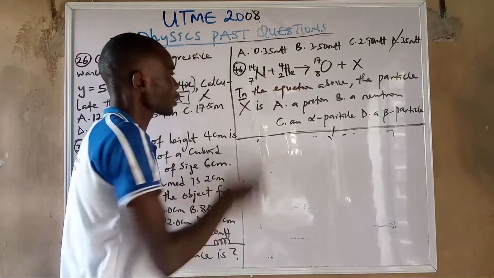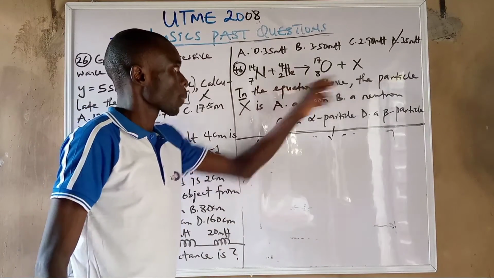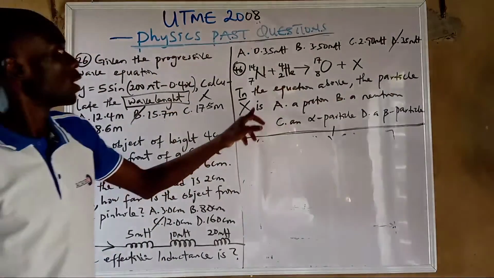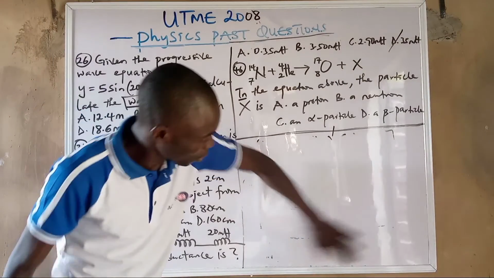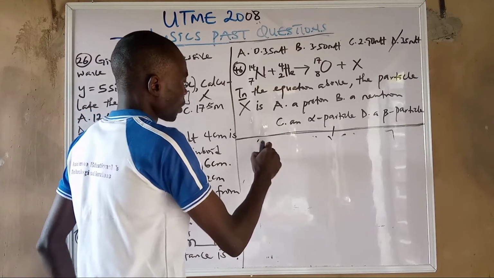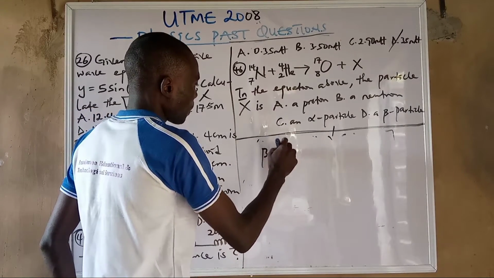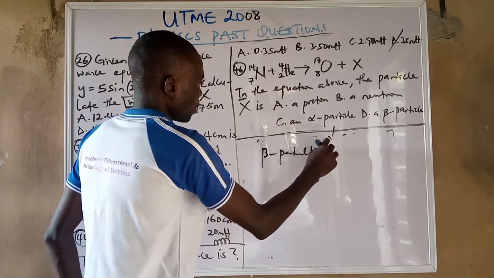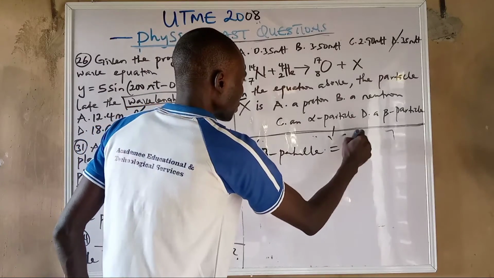We are asked that in the equation above, the particle X is what? How can we know what particle X is? A beta particle is an electron, 0 and minus 1.